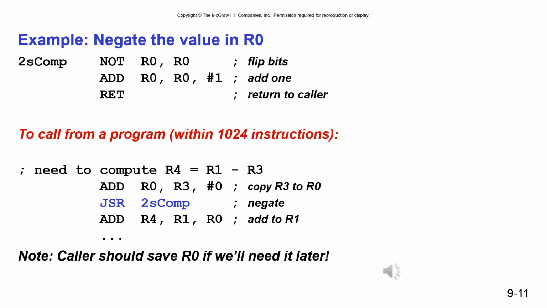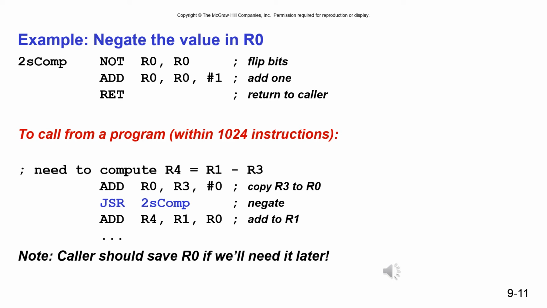Here's our first example of a subroutine and a sample call of that subroutine. This is about as basic as you can get. We would identify the subroutine with a label, and the label is toSComp. And all this does is negate the value in R0.